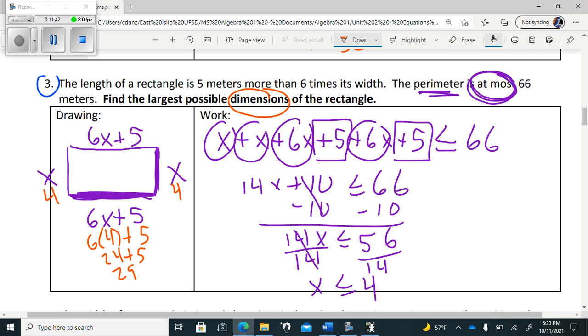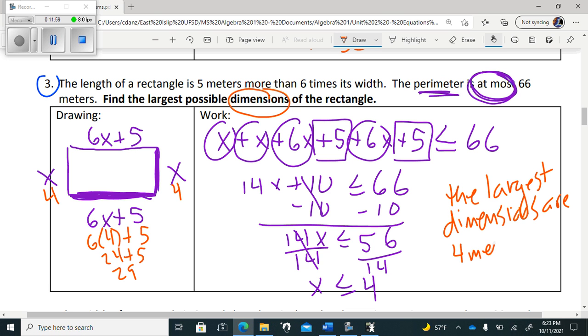When they are asking for dimensions, they're asking for both length and width. So the largest dimensions are 4 meters by 29 meters.